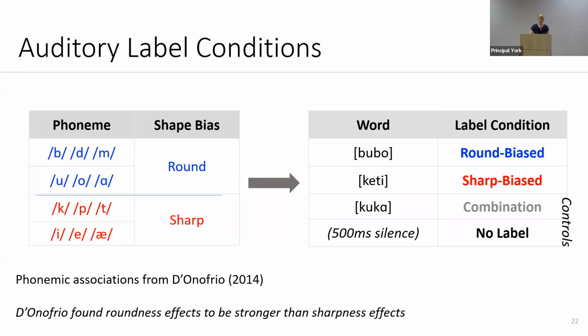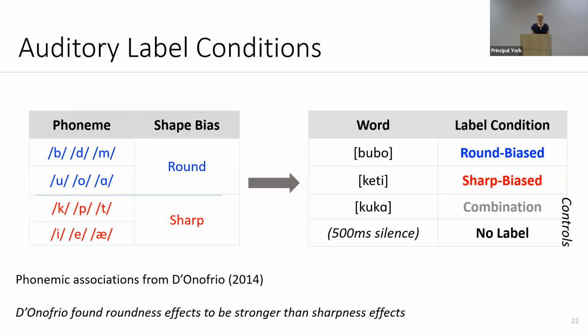We used those to create round bias labels that had round biasing consonants and round biasing vowels, like bubo. We had sharp biasing labels with only sharp biasing consonants and sharp biasing vowels, like keti. Then we had combination conditions with a mix of sharp and round vowels and consonants, and also a no label condition where people just got silence. So these last two were control conditions.